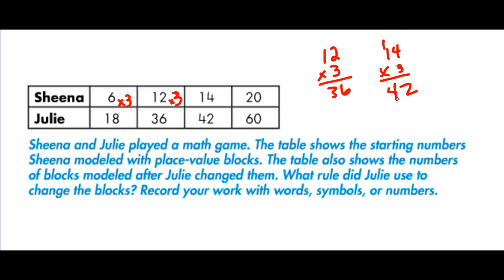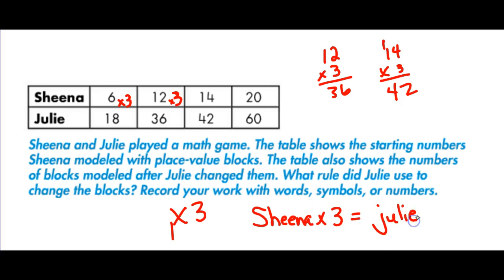Yep, 42. 20 times 3. Yep, that's 60. So this time our pattern is multiplying times 3. So our rule is times 3. Okay, so whatever Sheena has times 3 equals Julie. So simple rule, times 3.